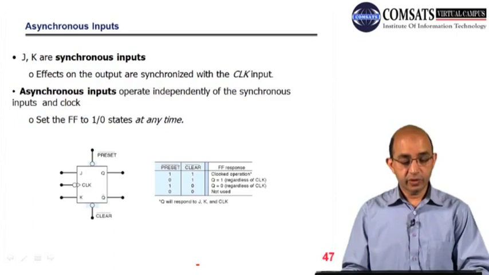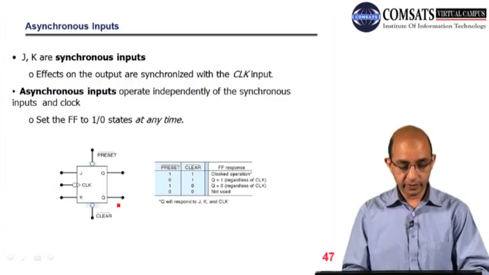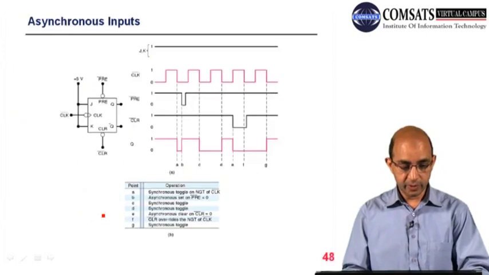Again, over here we have a JK flip-flop, but with asynchronous inputs. We have the clock with a bubble, and preset and clear, both complemented, so these are also asynchronous.